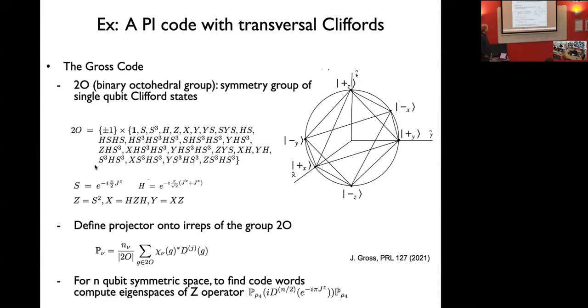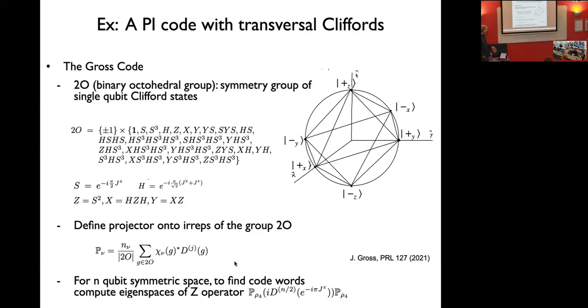If you want this code to have transversal Cliffords, then you can define a projector onto the irreps of this group, where we just sum over the group elements with characters for that group, and the D^J will be the irrep for that group element.